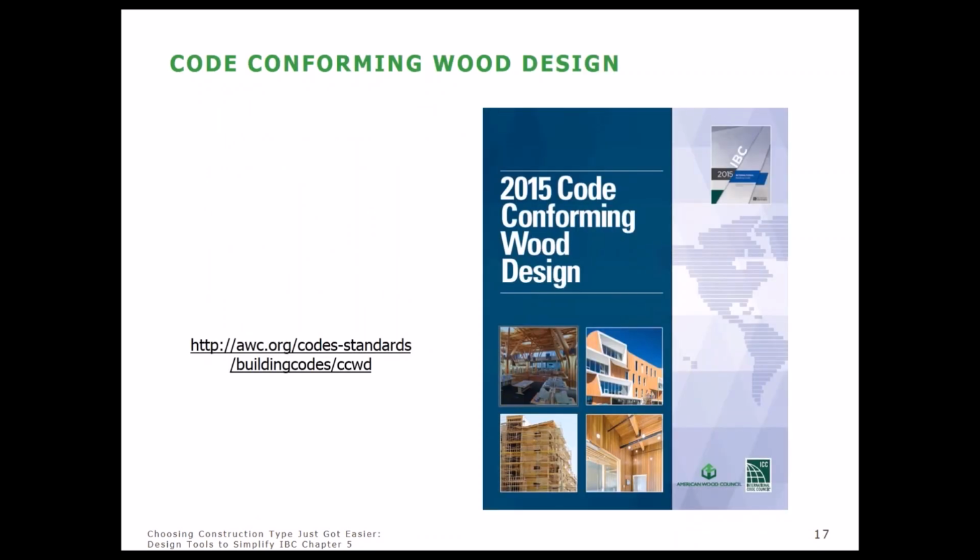All right, this has become a really good tool for designers and code officials. It's become very popular. We published this document along with the International Code Council. Their logo is down there on it. It serves as an index to the IBC. These are commercial buildings, anything other than single or two-family dwellings or townhouses. The commercial provisions for wood in the building code.